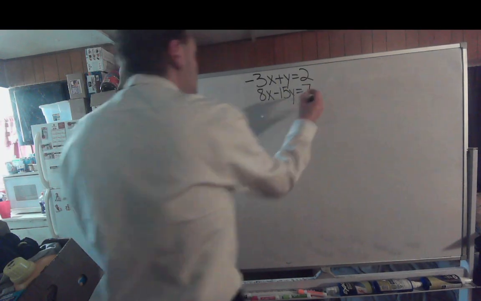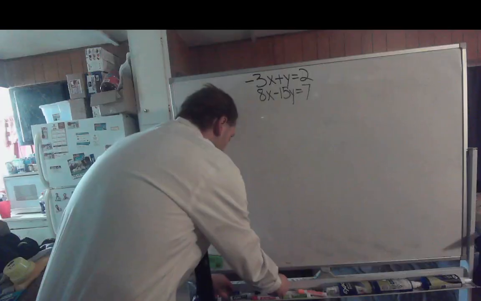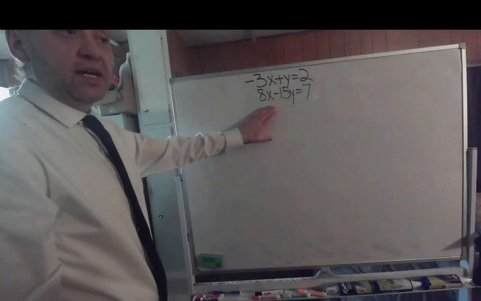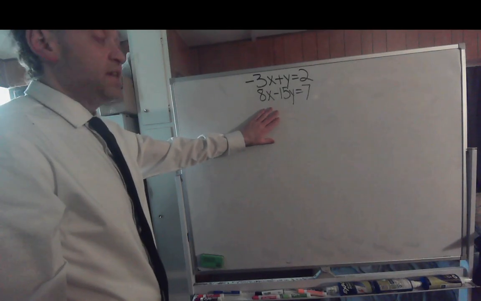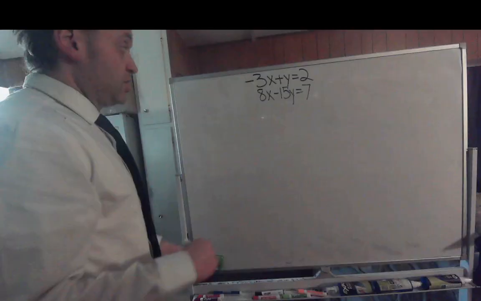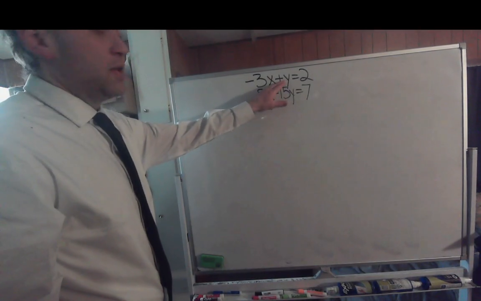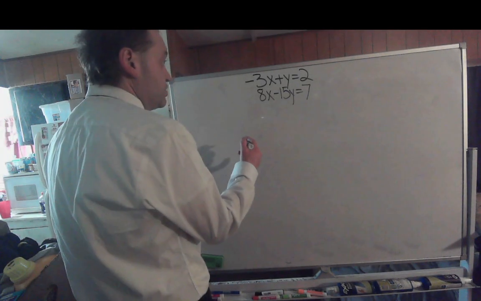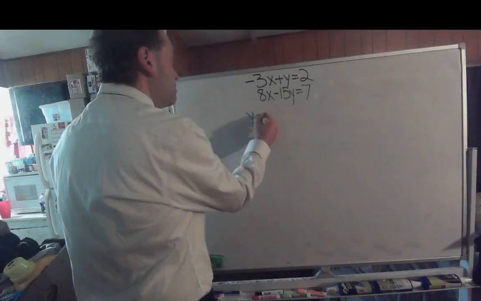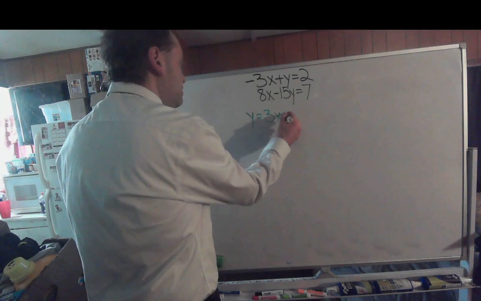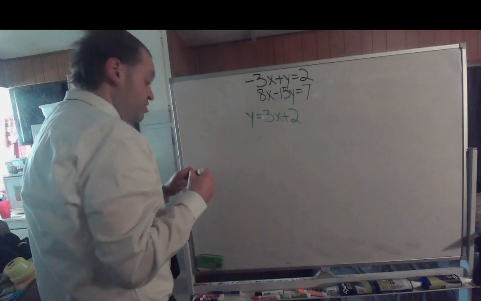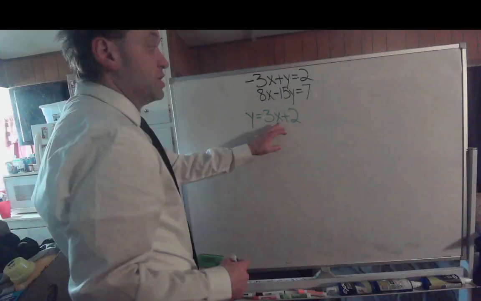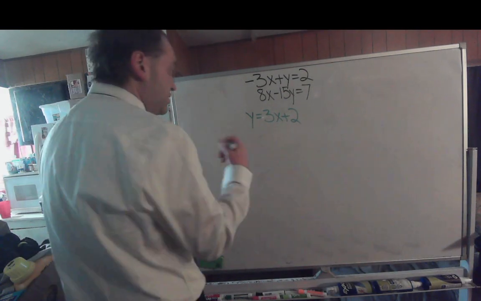Okay, so we have the system here of negative 3x plus y equals 2, 8x minus 15y equals 7. So we have a positive 1 on the y, so we can get y by itself and use that for substitution. That would have to mean that y would equal 3x plus 2. Now in your second equation, you can take wherever you see the y and put in 3x plus 2 for that value.